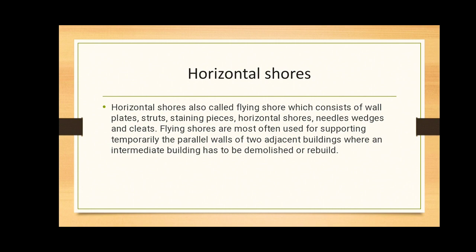Intermediate means in between the two present structures, something is to be constructed or repaired, or some new structure is to be constructed, or the old one is to be demolished. For all these reasons, we use the horizontal shores or flying shores.